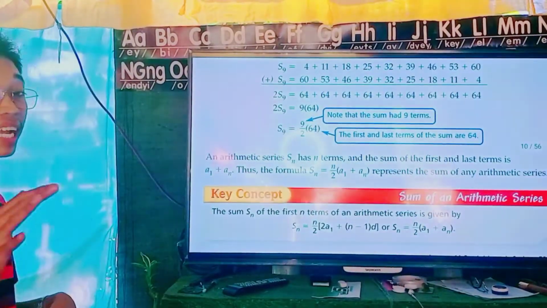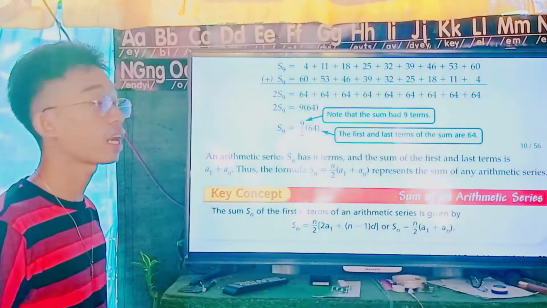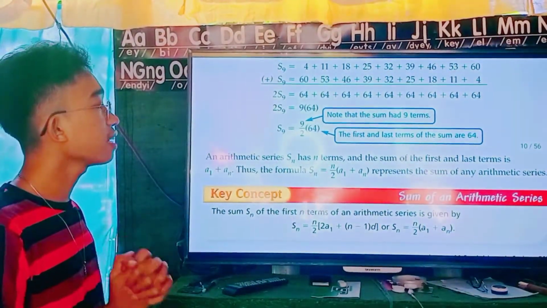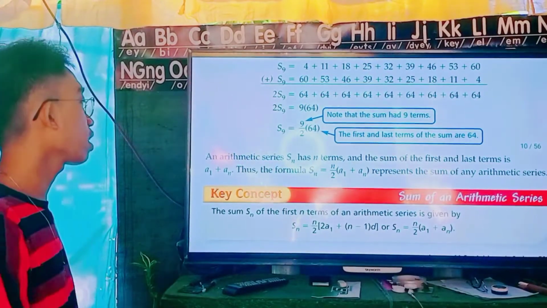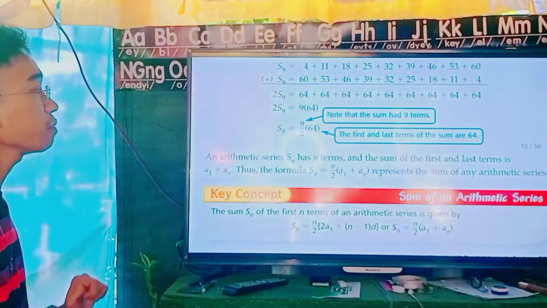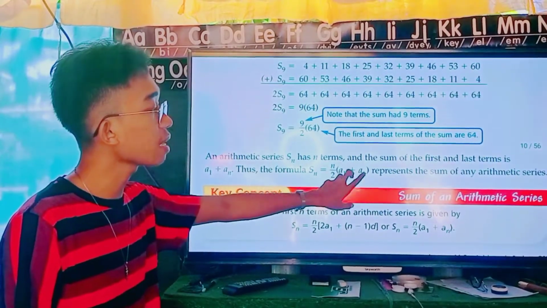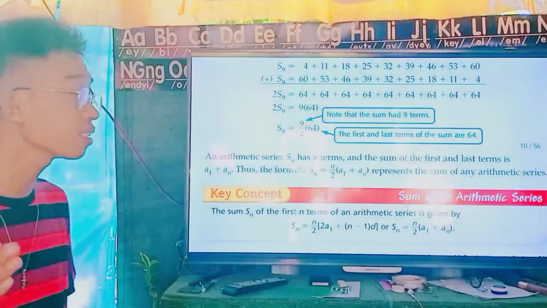Okay, an arithmetic series, S sub n, that is the symbol for an arithmetic series, has n terms, and the sum of the first and last terms is a sub 1 plus a sub n. Thus, the formula S sub n is equal to n over 2 times a sub 1 plus a sub n represents the sum of any arithmetic series.